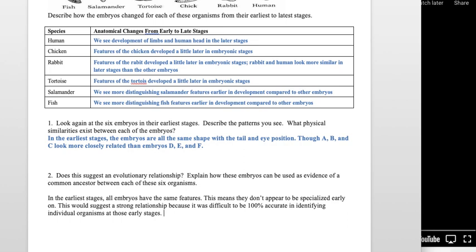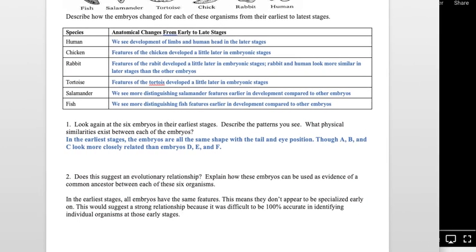So yes, this would suggest a strong relationship, because it was difficult to be 100% accurate in identifying those individual organisms at the early stages. So this is just another example of something that scientists use to prove their theories of evolution. Embryonic studies is another piece of evidence.